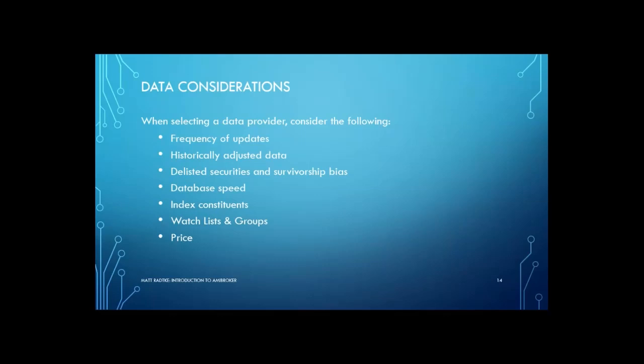Again, if you're only testing against a few dozen or even a few hundred symbols, database speed may not be a big deal. If you're testing against thousands or tens of thousands of symbols, you might become much more sensitive to how fast the database is. And that can be linked to the database provider and the data provider.